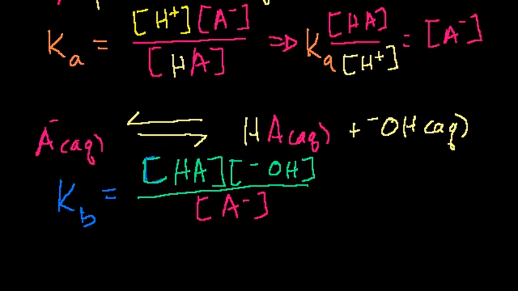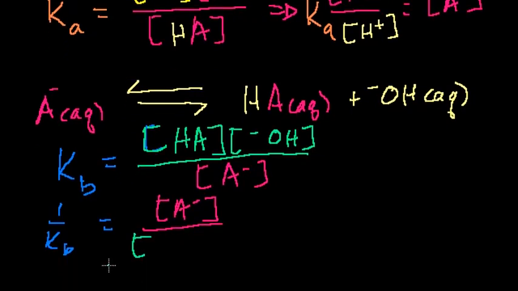Let's do the same thing here, solve for A minus. To solve for A minus here, we might have to do two steps. If we take the inverse of both sides, you get 1 over Kb is equal to A minus over the concentration of my conjugate acid times the concentration of hydroxide.